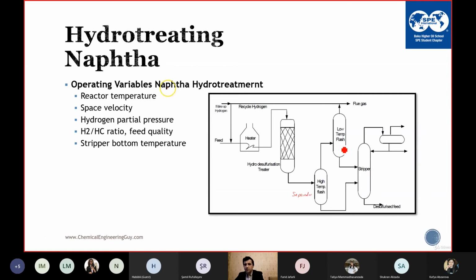Then the LP separator, and the flue gases leave, and you have the stripper, where you separate the gases from the product. As you can see, the H2 to hydrocarbon ratio is important for hydrotreatment processes.